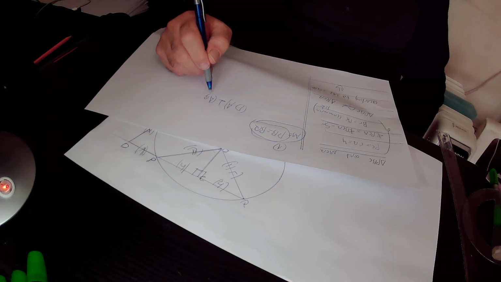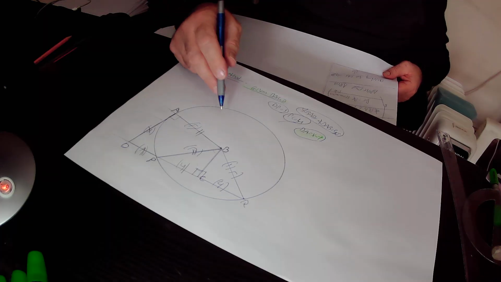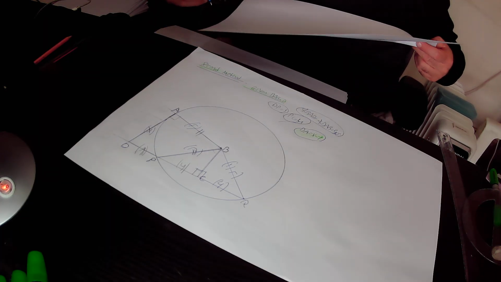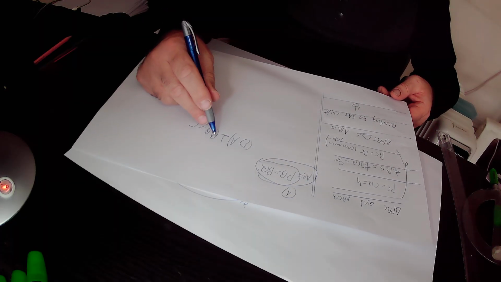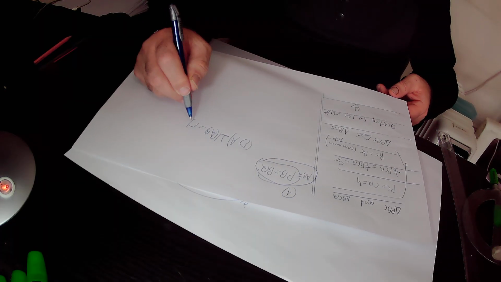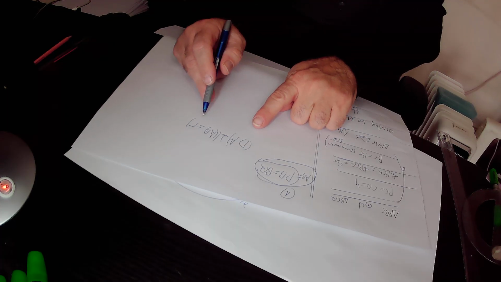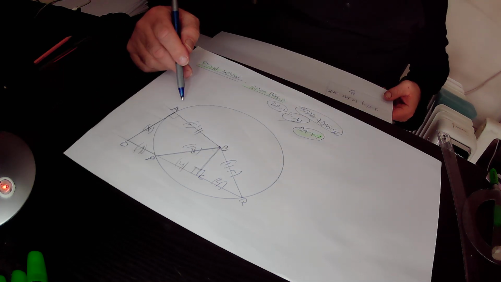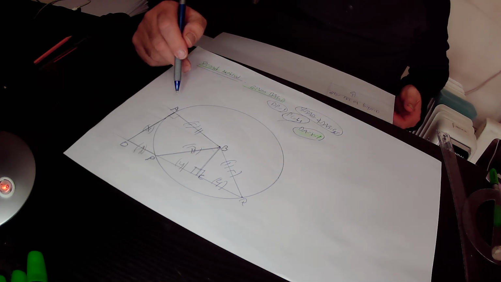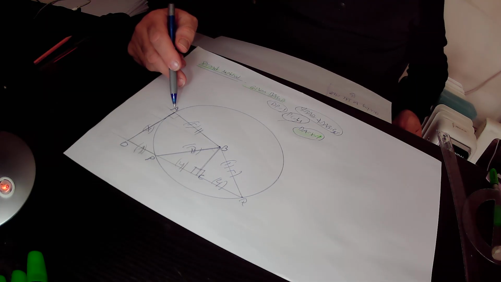But according to our construction, AB is the radius of this circle, so AB equals R. In total, we found out that DA is perpendicular to the radius R of the circle. Therefore, DA must be a tangent to this circle.